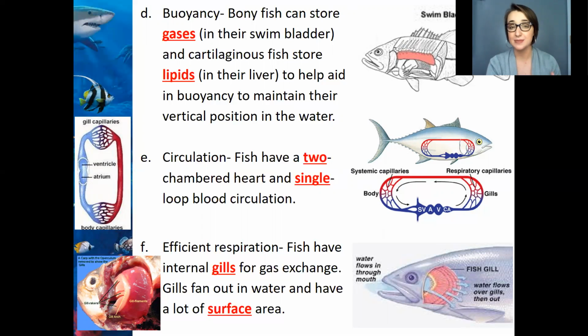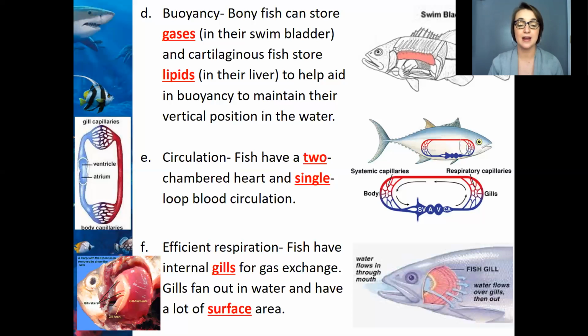Now there are other types of fish, specifically your cartilaginous fish, which are going to be your sharks, your skates, and your rays, that don't have this swim bladder structure. Instead, they have very, very large livers, and those livers actually hold on to excess fats or lipids, and this helps them to maintain that buoyancy in the water just the same way as the swim bladder does.